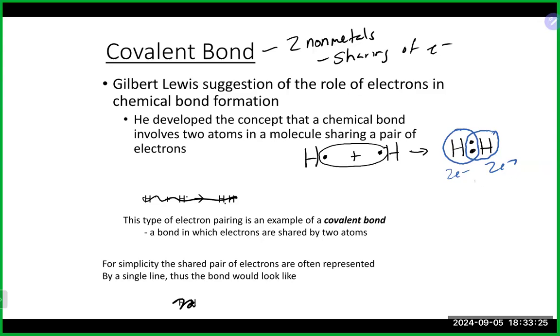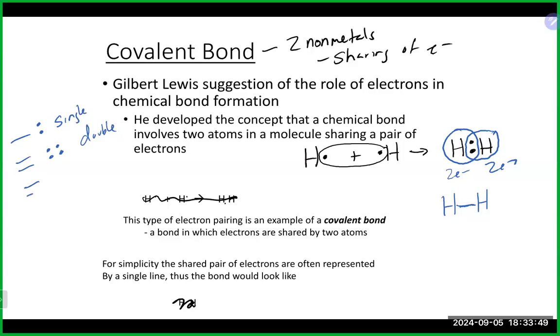By the way, 2 dots, which is one single bond, can also be represented by a line. So sometimes those electrons being shared are represented by a line. One line represents two dots, which is a single bond. A double bond, as we'll talk about, is two lines representing four total electrons, or two pairs.